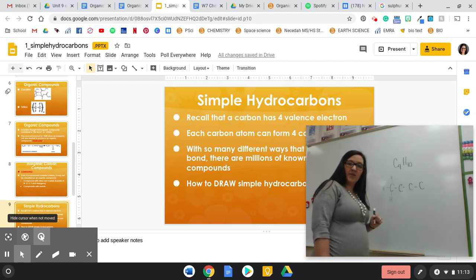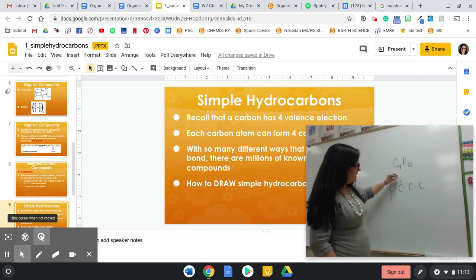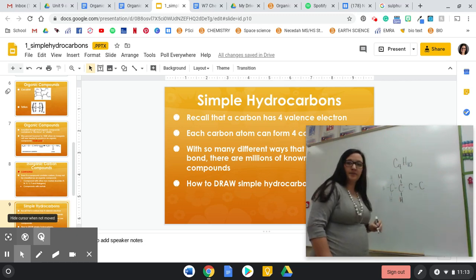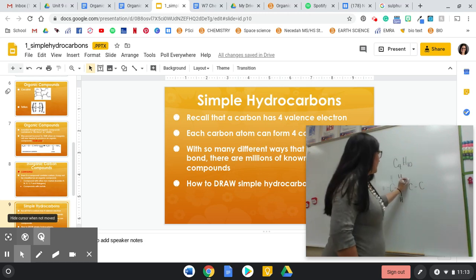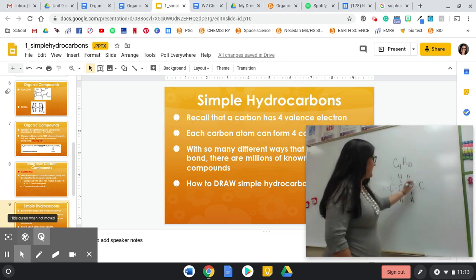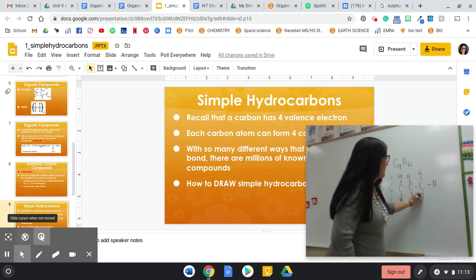So I'm going to plug 3 of my hydrogens into that one. My second carbon is full on 2 sides, so I'm only going to put hydrogens in the empty spots. Same thing for the next carbon. And then finally, the last carbon is just like the first one, where I can put 3 hydrogens on.